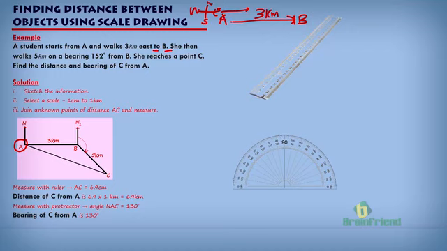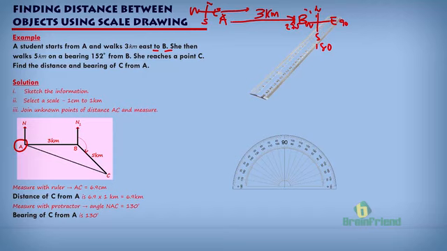So from our knowledge of bearing, we know that from B, we also have the north, south, east, west. We know that each quadrant, that is the 4 divisions, are 90 degrees in size. So we know this to be 90, we know this to be 180, 270, 360, and so on.